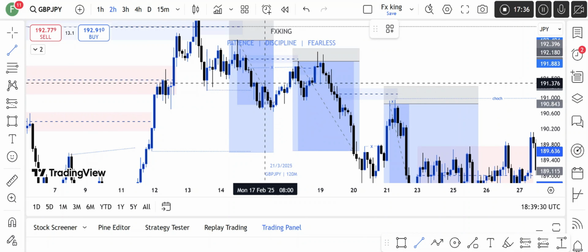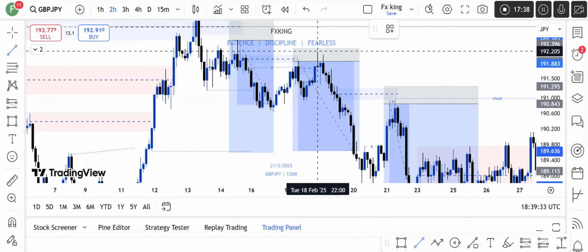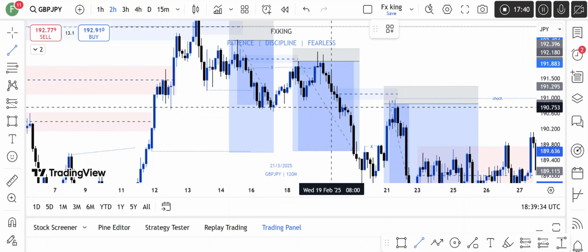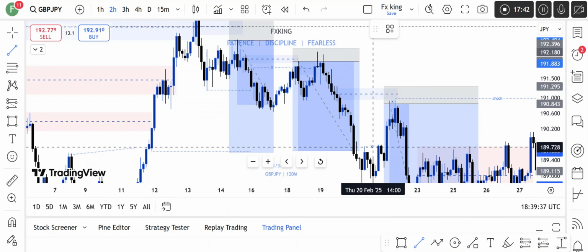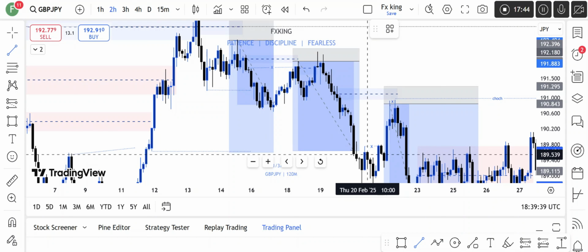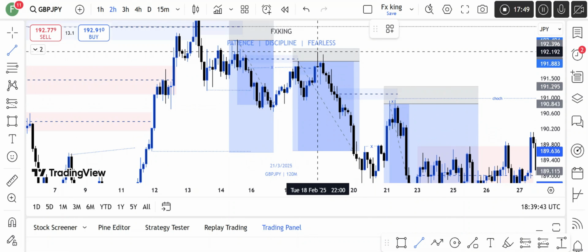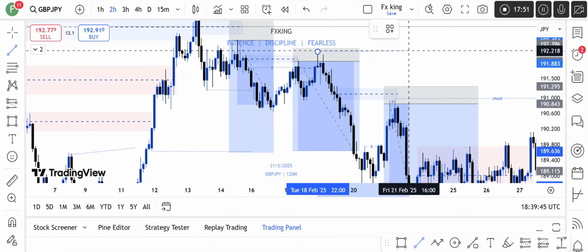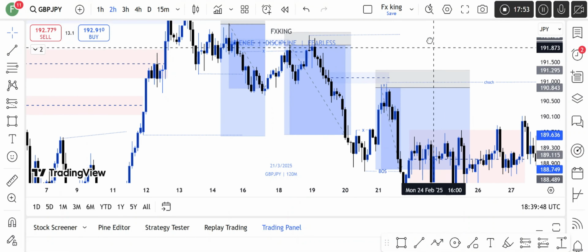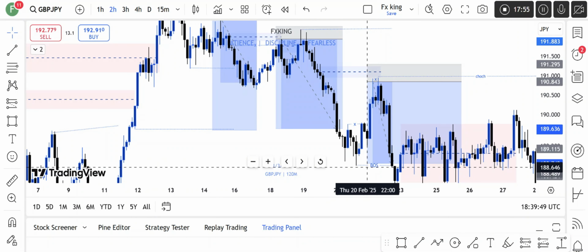After this inducement has been taken, we have an internal break of structure. After this internal break of structure occurs, we also have our inducement here. So when this internal break of structure occurred, we had our internal trading range starting from this high down to this low here.